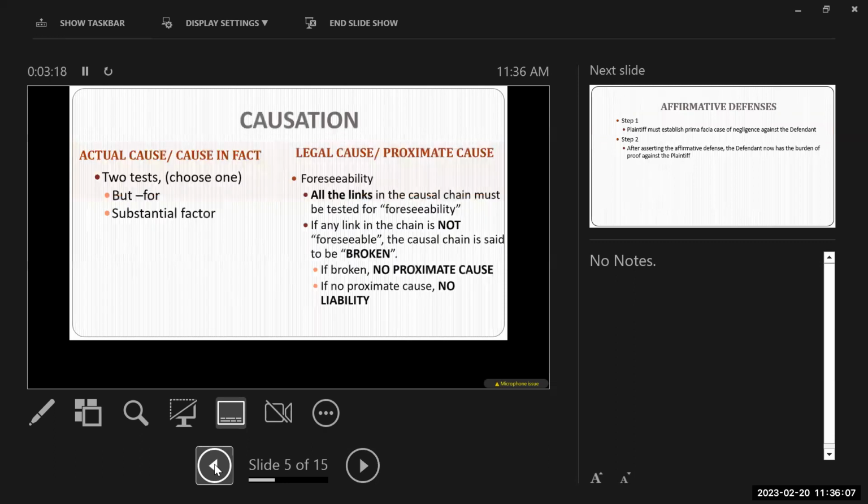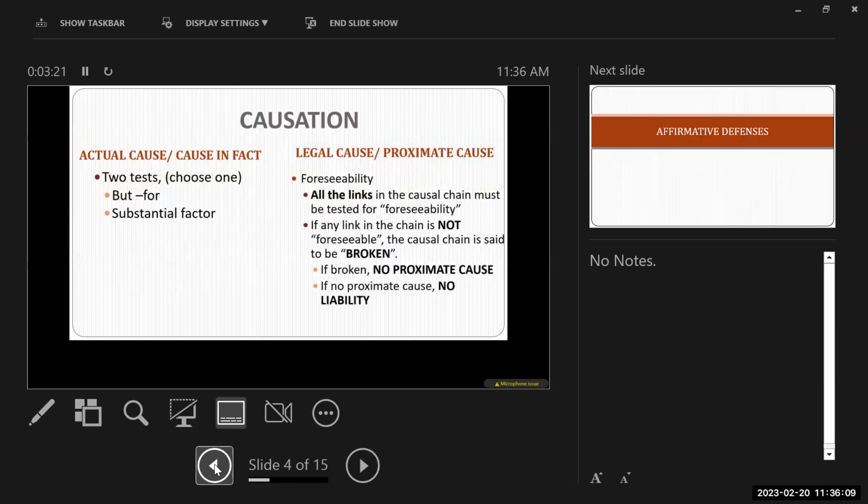And let me back up real quickly. I want to make sure that you understand the four elements just a little deeper, right? That duty, that first element, is often created either statutorily, created by regulation, created by societal expectation, okay?